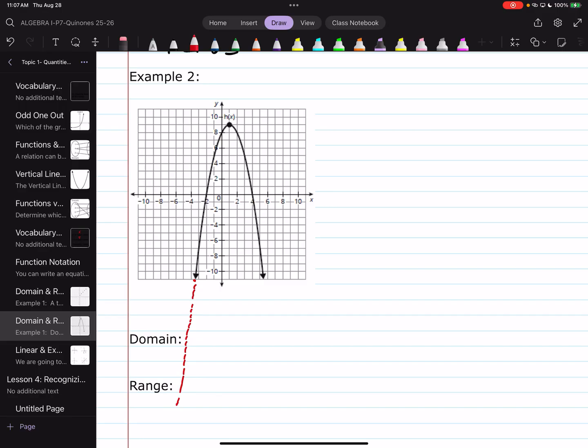So my question to you is, with the skeleton here, less than x less than, how far to the left will this graph go? Forever. But forever in what direction? The positive or negative direction? Negative direction. So we're going to say this is heading in the negative infinity direction. That is the lowest value, meaning it's going all the way to infinity, but in the negative direction.